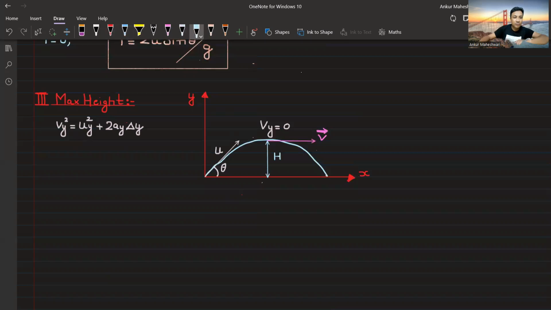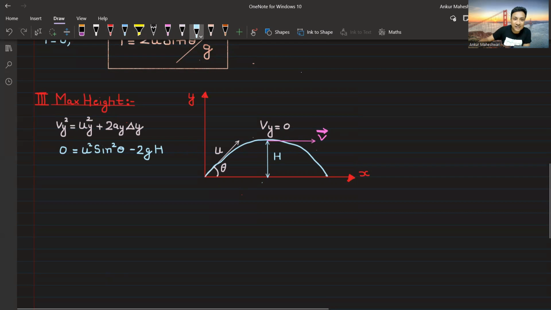Okay. So Vy can be considered 0, because at the highest point Vy is 0. Uy square is u square sine square theta. Ay is minus g and delta y is capital H. Okay.